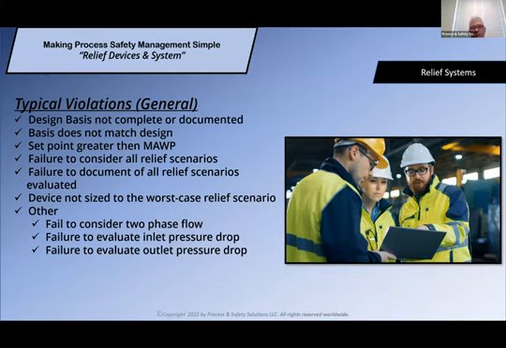So failure to look at what was actually being relieved was even worse from that perspective. You need to make sure that you understand what the media is that's going to be going through that relief valve for each scenario. Failure to evaluate inlet pressure drops, must evaluate it regardless. Failure to evaluate outlet pressure drop, must look at it to see whether or not that becomes an issue in relieving properly or not.